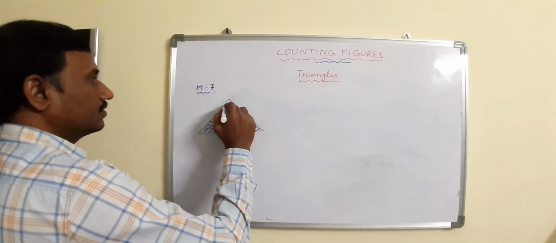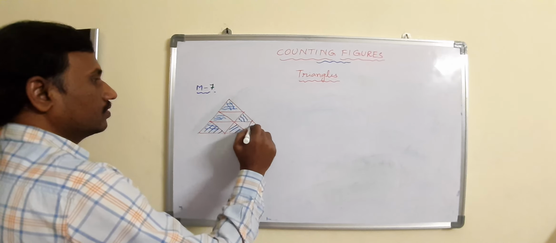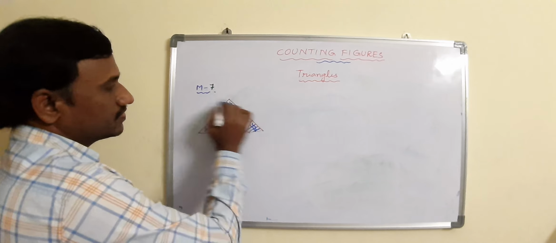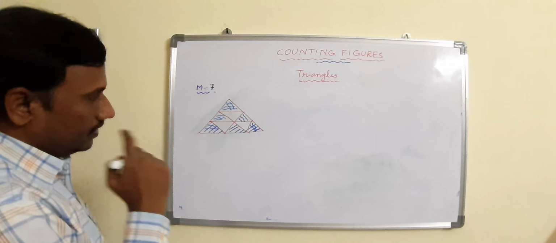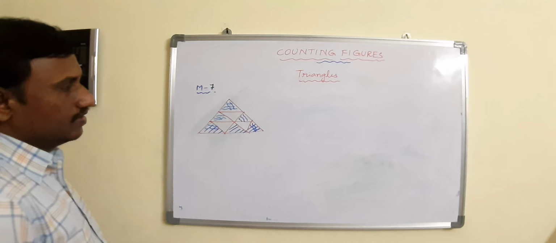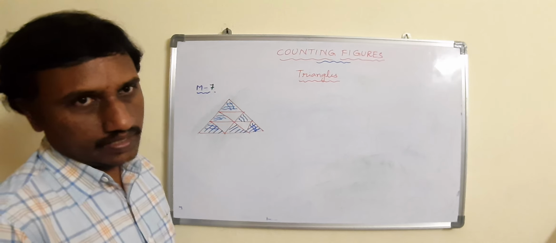And this side, 1, 2, 3. That means if you observe here, on all sides we are having an equal number of partitions. Then in this type of model, how do we count the number of triangles? For finding the number of triangles here, we have one formula.